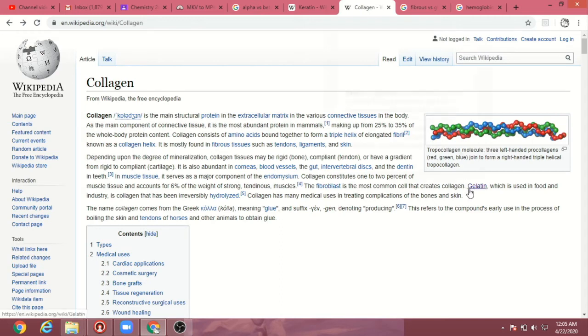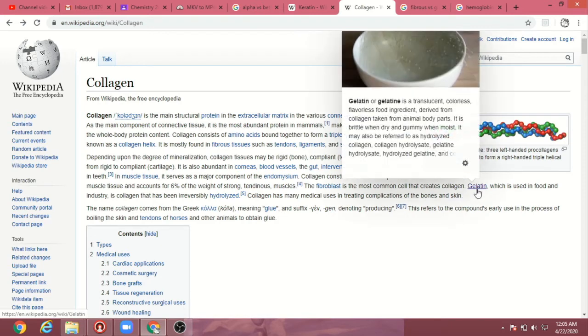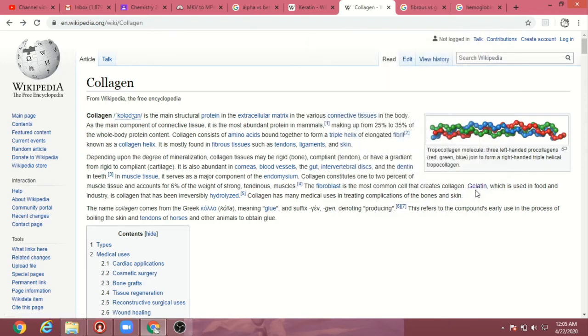Gelatin, if you've ever heard of gelatin, is actually produced from that as well. Basically, it's made by doing an irreversible hydrolyzed form of collagen. So you hydrolyze it irreversibly, and you'll get some gelatin. A lot of vegans don't consume gelatin in like marshmallows or Jell-O, because the gelatin came from ground up horse bones or horse cartilage.